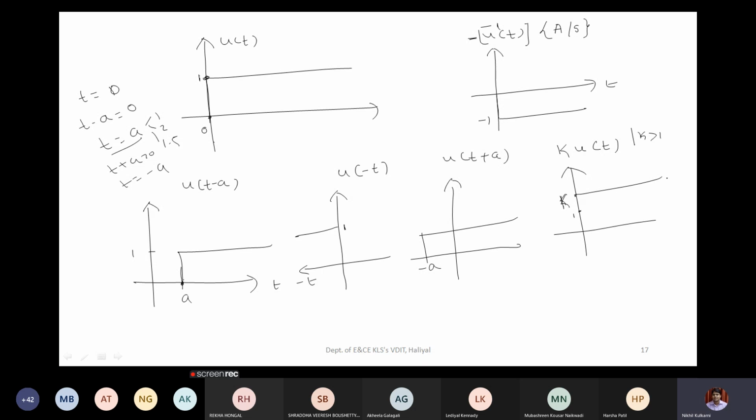Yes, sir. And in the coming classes, we require something like finding the slope. How do you find the slope, for instance, for this signal? Since it is a parallel line, slope will be 0, y by x, right? So if you have some signal like this, what will be the slope? If it is 2 and if it is 1.